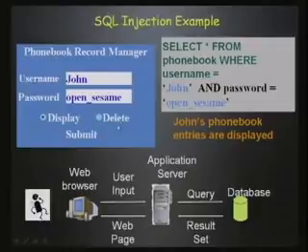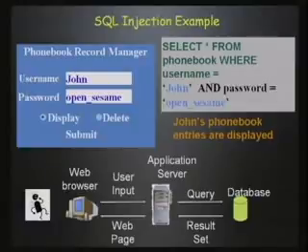And if the user chooses delete, the phone book entry is deleted if, again, the username and password are right. So let's say the user chooses display. In this case, the SQL query that's generated by the web application server looks like this. It is select star from phone book, where username is John and password is Open Sesame. And the result in this case is that John's phone book entries are displayed on the browser web page. This is the typical scenario of the use of this web application.